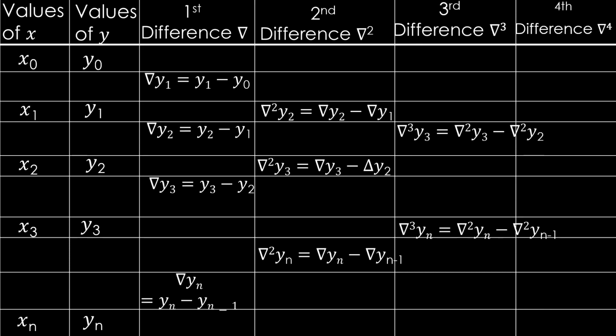In the fourth difference, we get del to the power 4 yn is equal to del cube yn minus del cube yn minus 1. Moving upward, the last term which we get will be del to the power 4 y4 is equal to del cube y4 minus del cube y3.